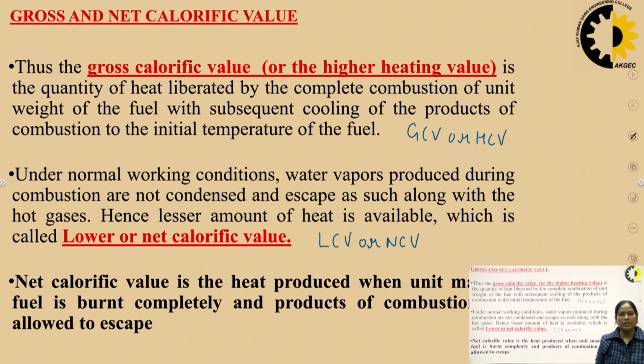So what is the difference in these calorific values? Whenever we are heating the fuel in a particular container such as a bomb calorimeter, with proper arrangement where a high amount of pressure and high temperature can be maintained, the amount of energy liberated by the fuel is known as gross calorific value.